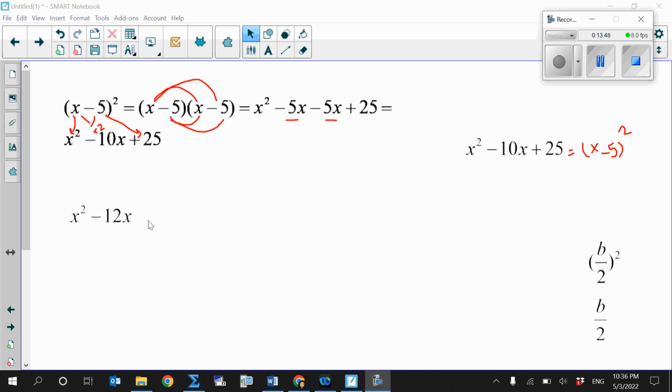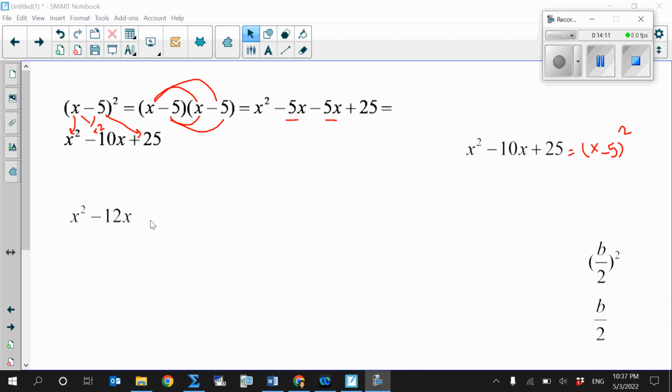Here's the deal. If you look at this example, we figured out that this middle term is 2 times x times the second term. Now, the second term raised to the power of 2 is giving us the third term, basically the one that we're missing.